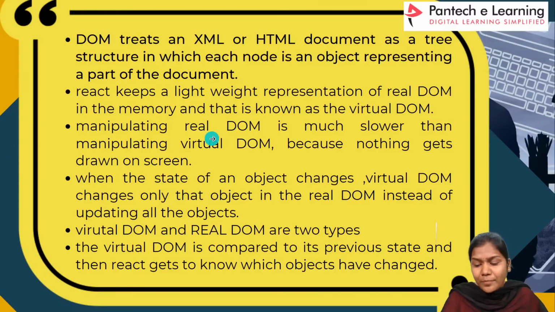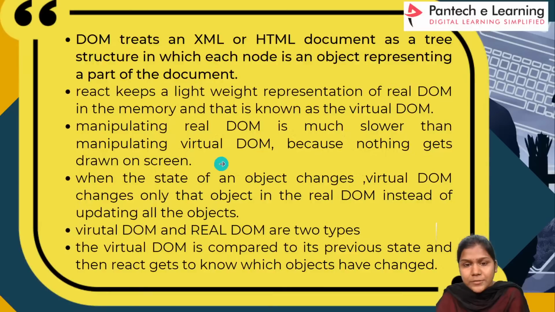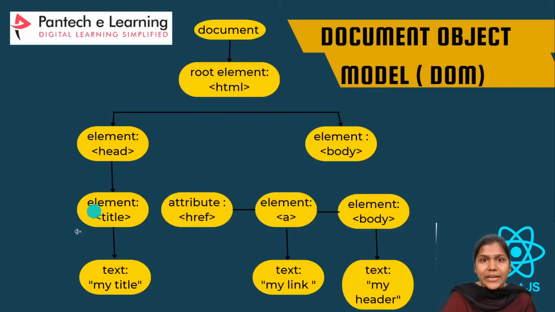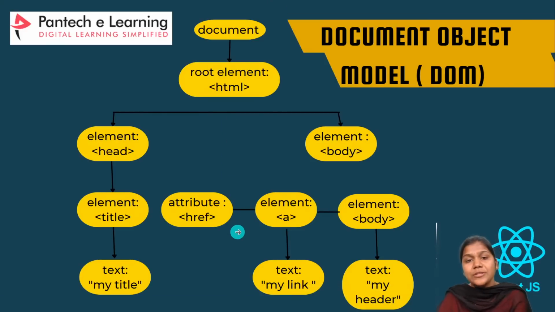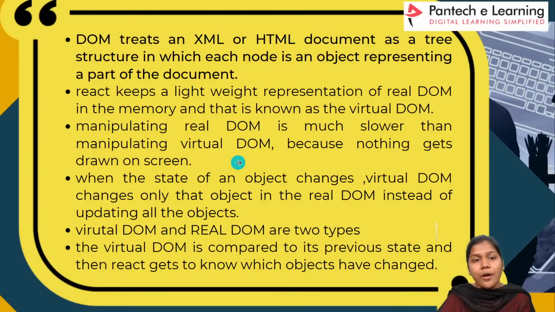What is real DOM? These objects are called real DOM. Suppose you wanted to change any object, any block of the data, in real DOM, you have to modify from the starting. In virtual DOM, we can directly update the required object. That is the only important thing we are considering.